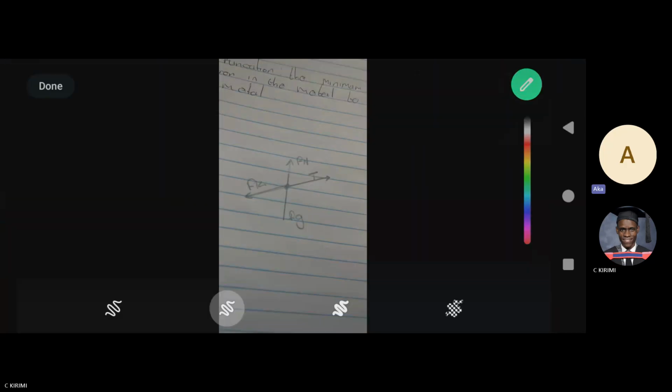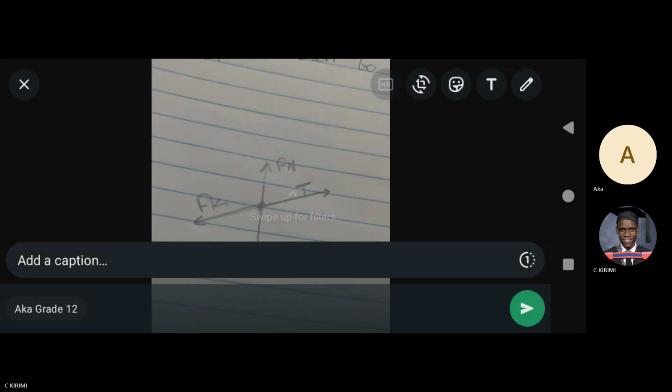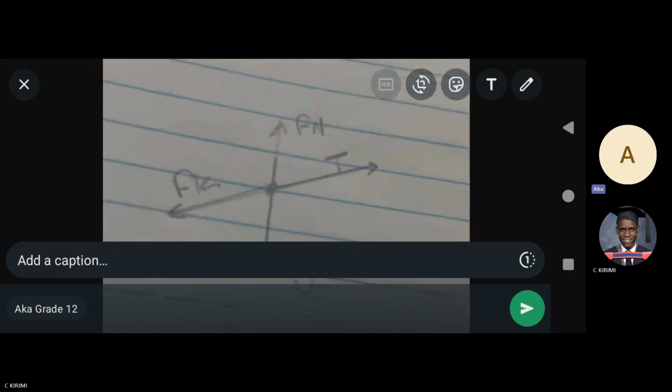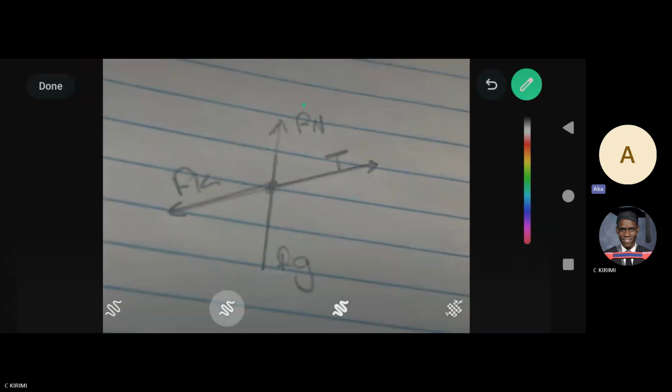So we are having FK, kinetic friction. Normal force.